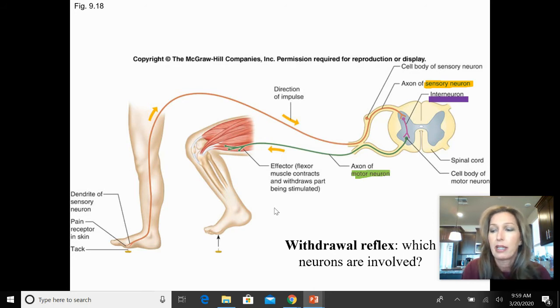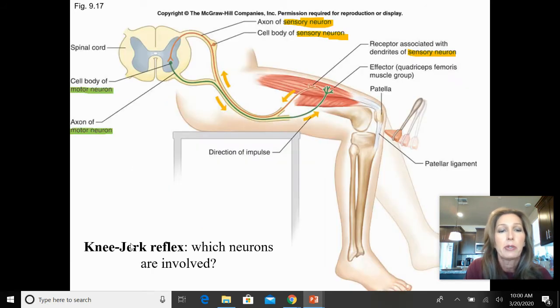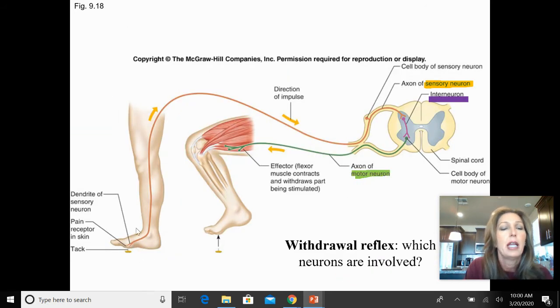This happens to be an example of the knee-jerk reflex. And this one is a withdrawal reflex. With this withdrawal reflex, reflexes are always involving 3 neurons. This would be similar to if you stepped on a tack, or touched a hot stove or something along those lines.